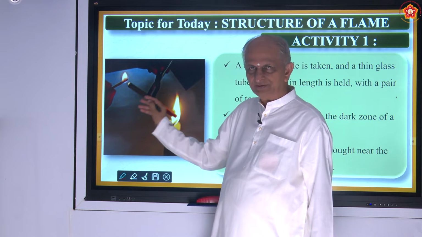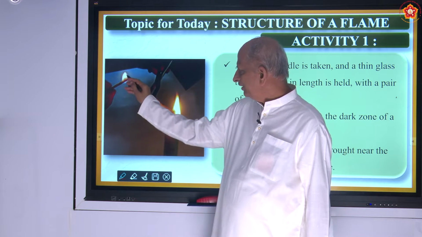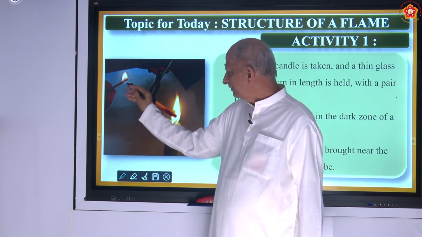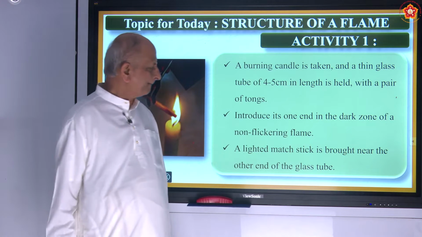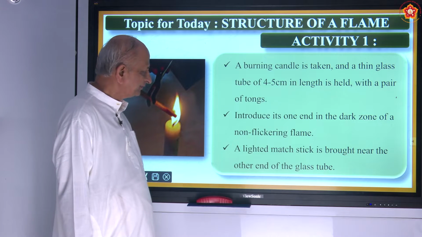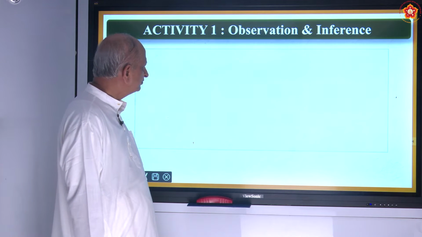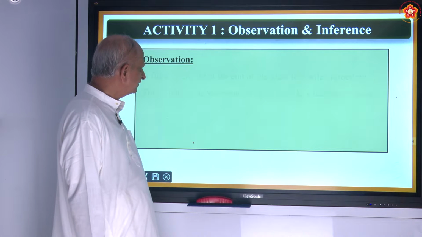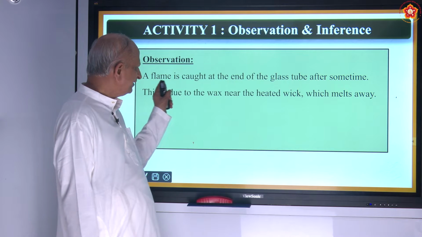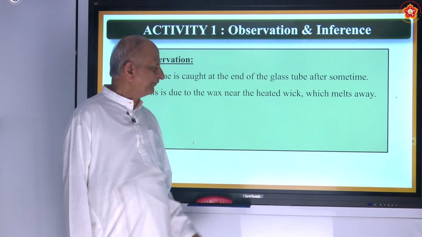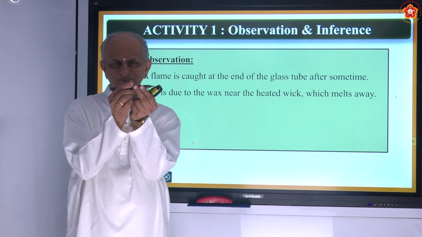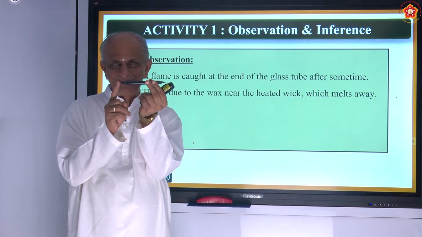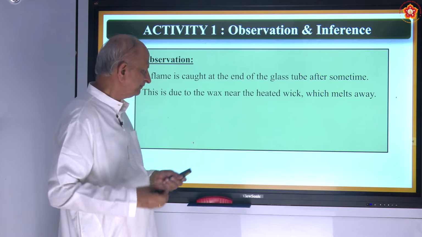Here you can see the burning. This is a very interesting thing, you can try it in your home, a very simple experiment. So what do you observe? We observe that a flame is caught at the end of the glass tube after some time.